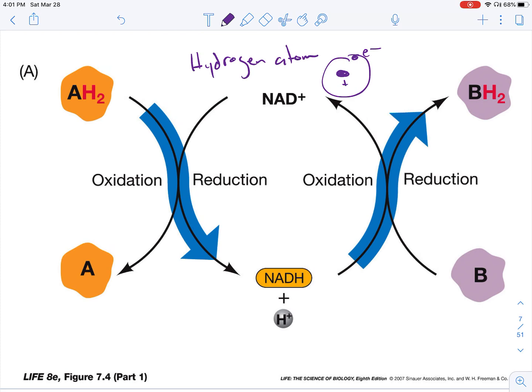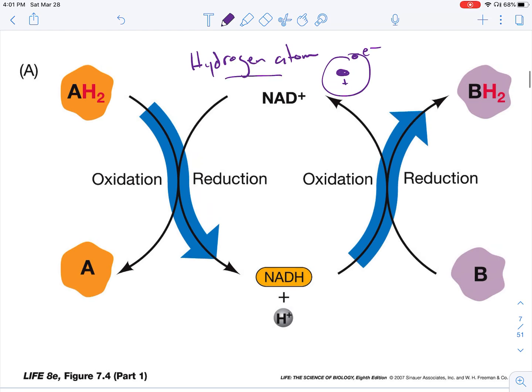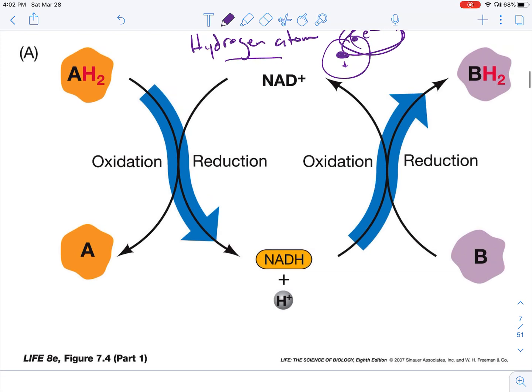So here you can look at the transfer of hydrogen atoms. And in this case, even though you're transferring a hydrogen atom, you're really thinking about the transfer of that electron. So compounds can either transfer the electrons directly or they can transfer hydrogen atoms, but it's still the transfer of electrons. Now, generally, when that happens, you transfer it to what is called an electron carrier.